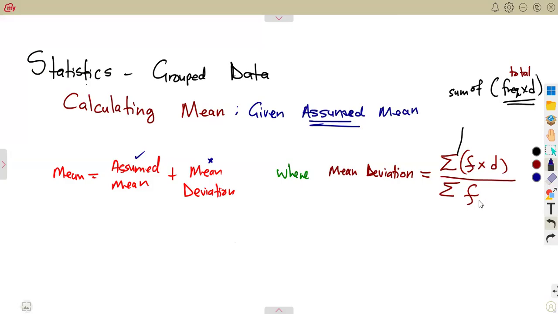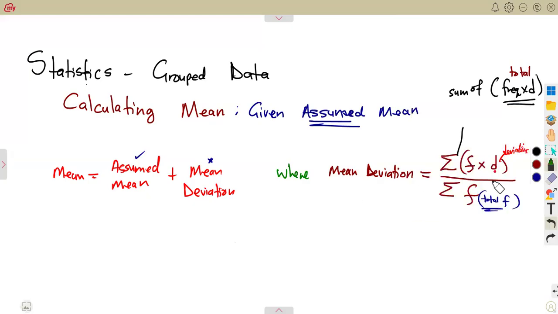This is simply the total frequency, this one. So this is how you calculate your mean deviation, where D is the deviation. D represents the deviations. I'm going to show you in the calculations.